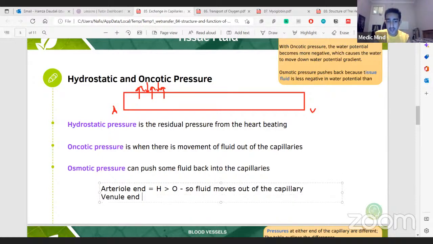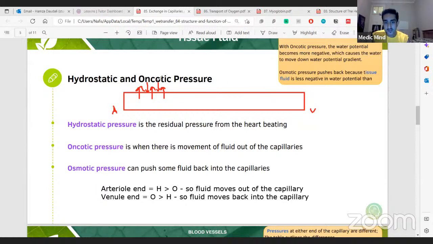So at the venous end, the oncotic pressure outweighs the hydrostatic pressure, so fluid moves back into the capillary. And this net difference between the pressures is called the osmotic pressure. So the osmotic pressure is the difference between the hydrostatic and the oncotic pressures.